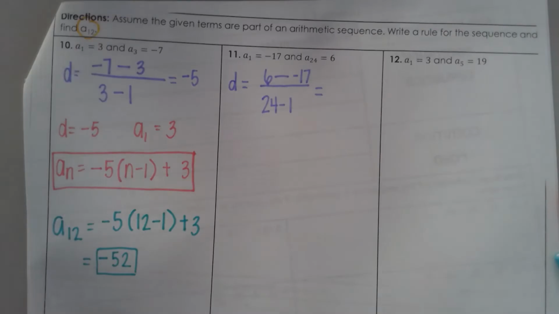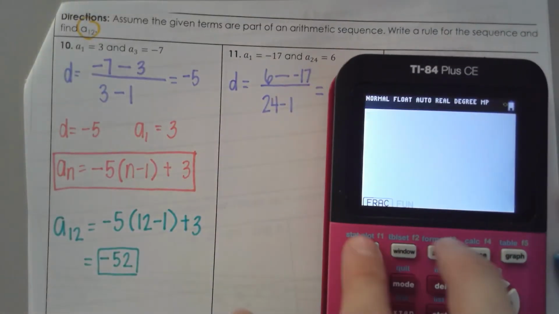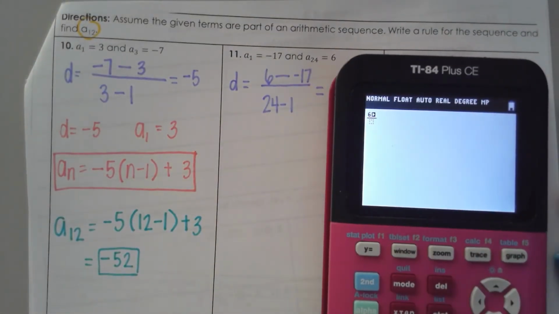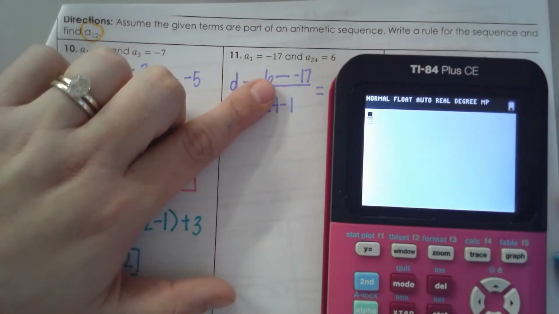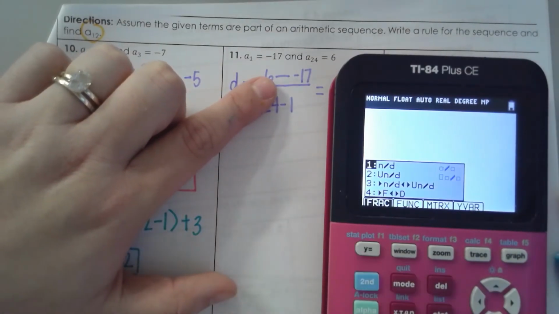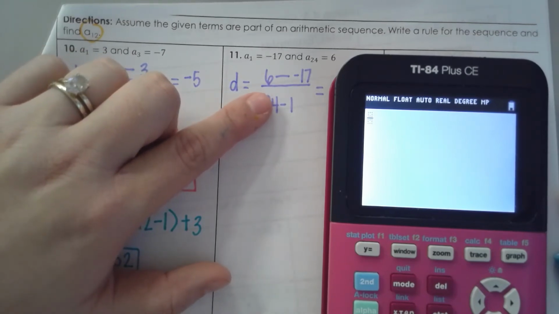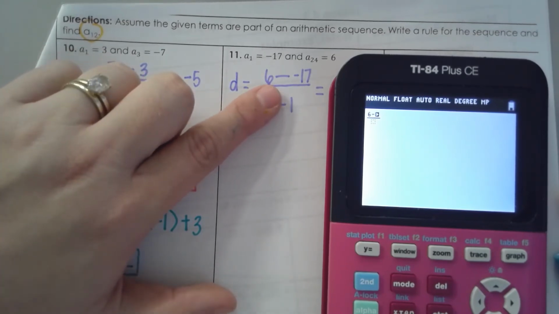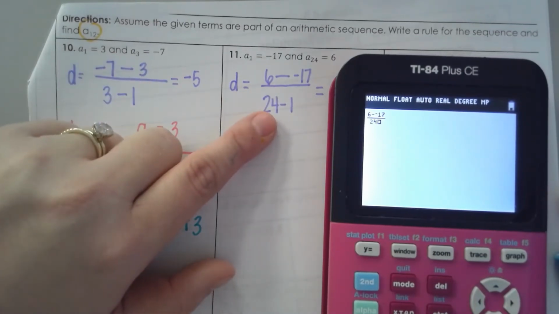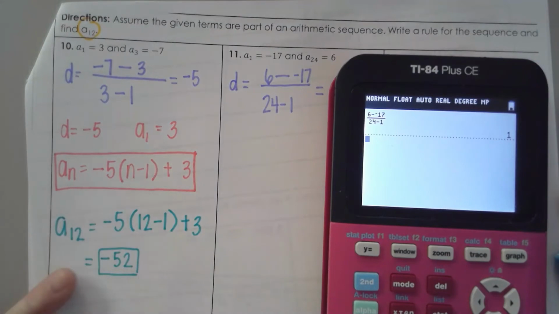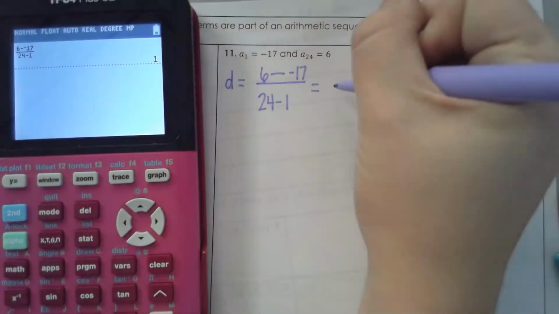So make sure you type it in correctly. How do we put that type of thing? Alpha y equals. And it's the first one. 6 minus negative 17. And then 24 minus 1. Yep. So my common difference is 1.